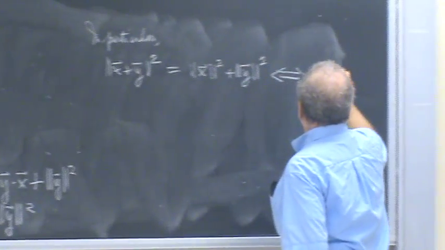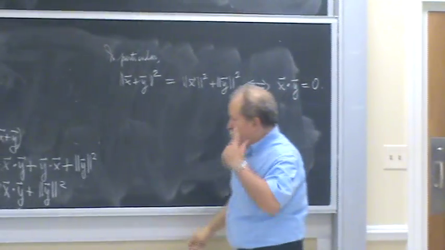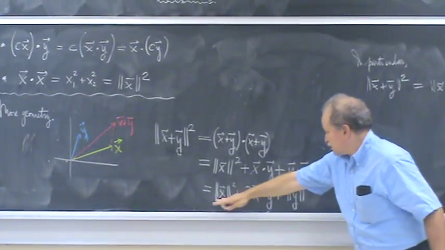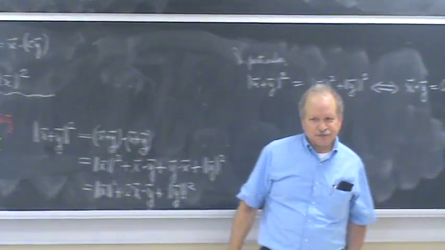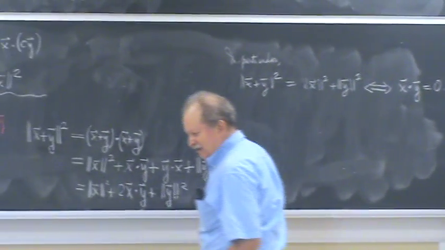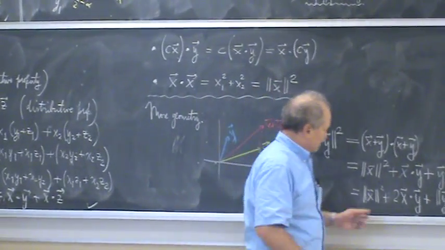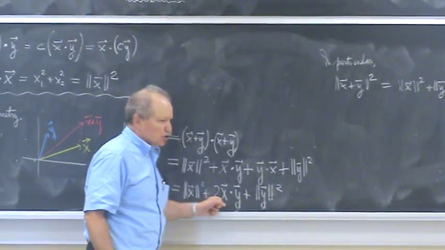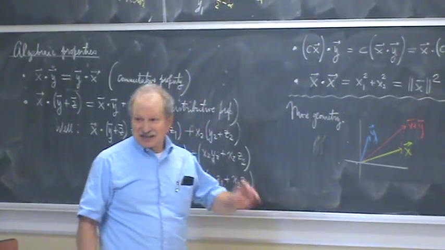So we actually have if and only if here, right? You have equality of this with magnitude x squared plus magnitude y squared if and only if this term is 0. And for those of you taking abstract algebra, you can not worry about the fact that 2 times something being 0 may or may not mean that the something is 0.